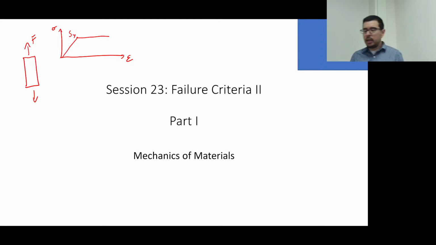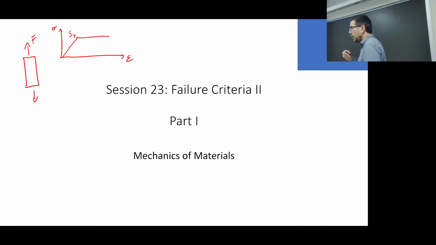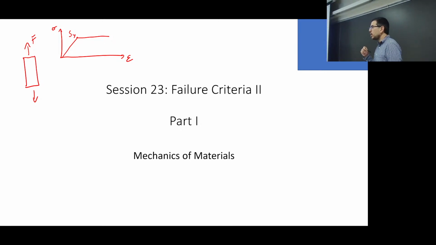Okay. So if I have this uniaxial loading and I figure out what my yield strength is, if I'm using maximum normal stress theory, what do I compare to for maximum normal?